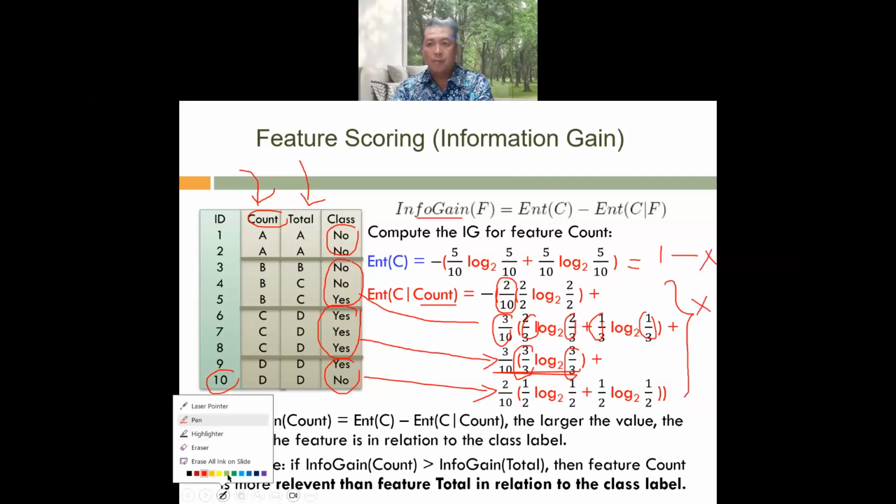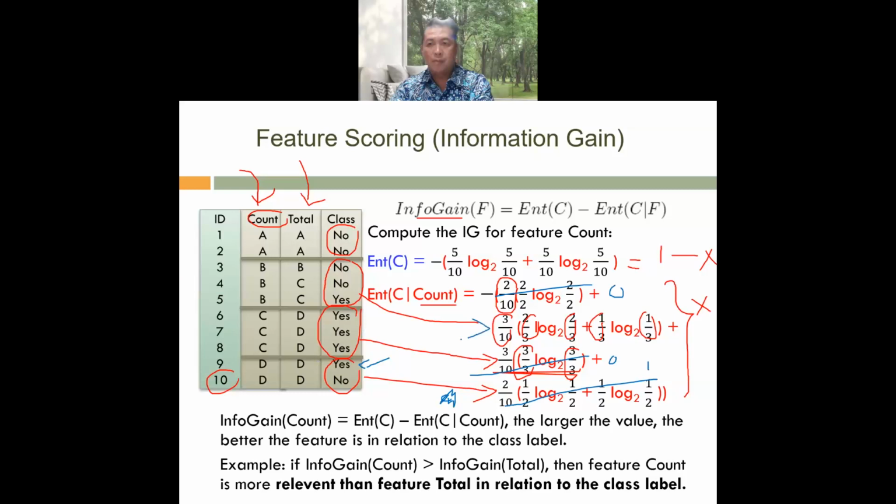If I use a different pen, basically this is 0. This is 0 because they belong to the same label. And this one, we can just say this is 1 because 50% of them belong to the other class. And this one you need to compute. So the decision tree will also compute the IG for this and for all the features that they have.